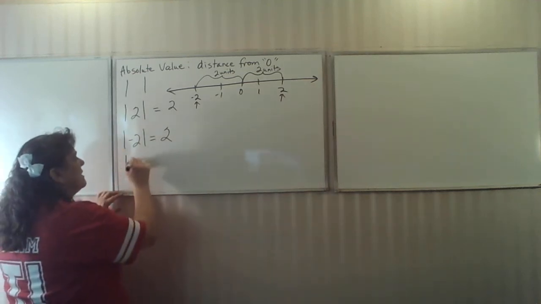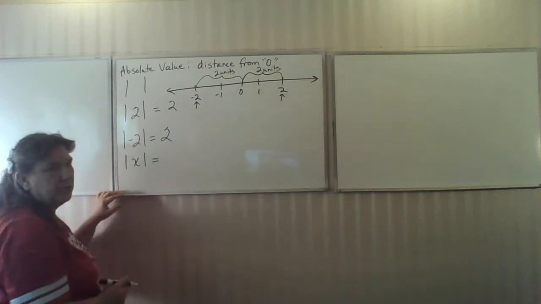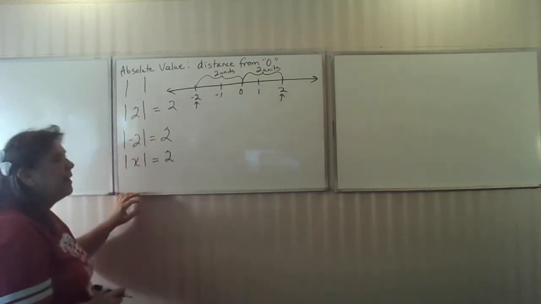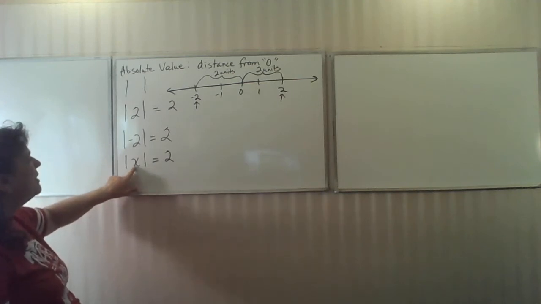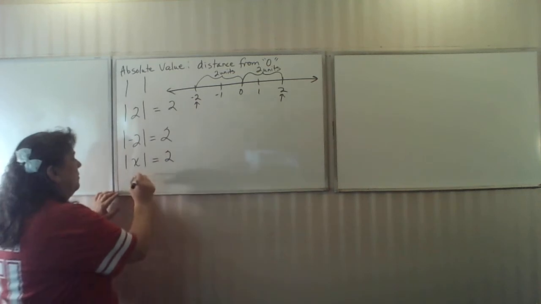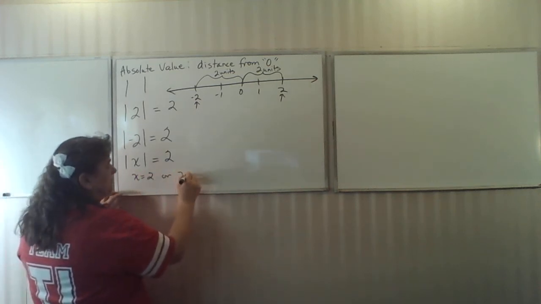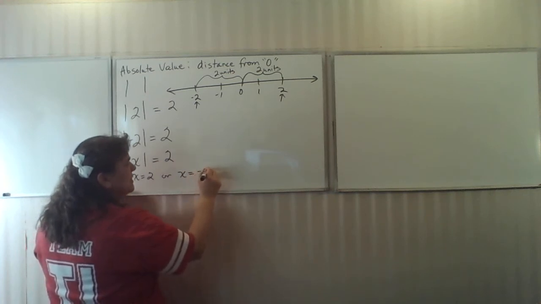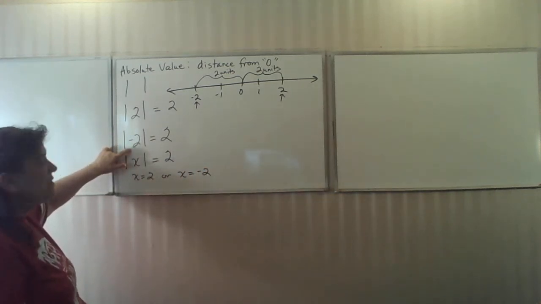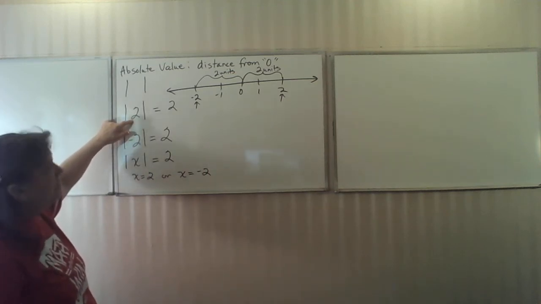If I ask myself, what is the absolute value of x equal to, and I say my number is 2, this is asking me what are the numbers that are 2 units from 0. So x is equal to the positive 2, or x is equal to the negative 2 because a negative 2 is 2 units from 0 and a positive 2 is 2 units from 0.